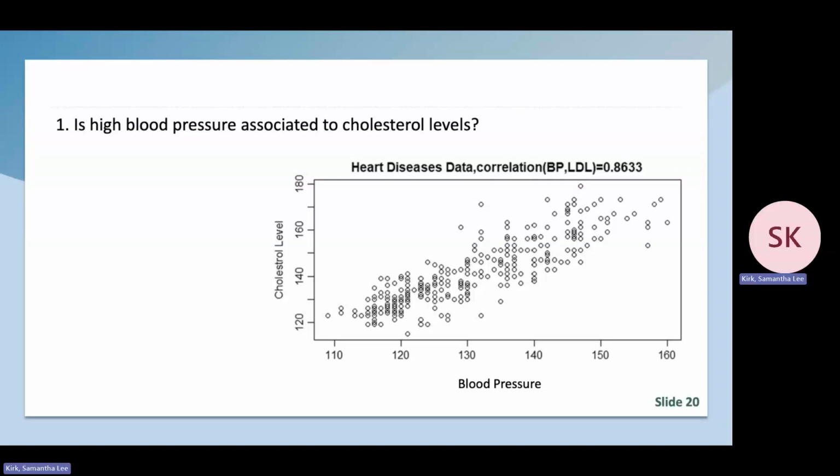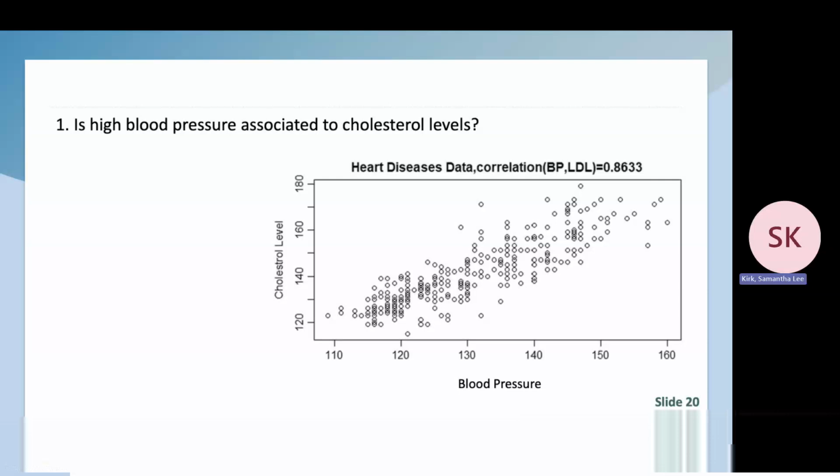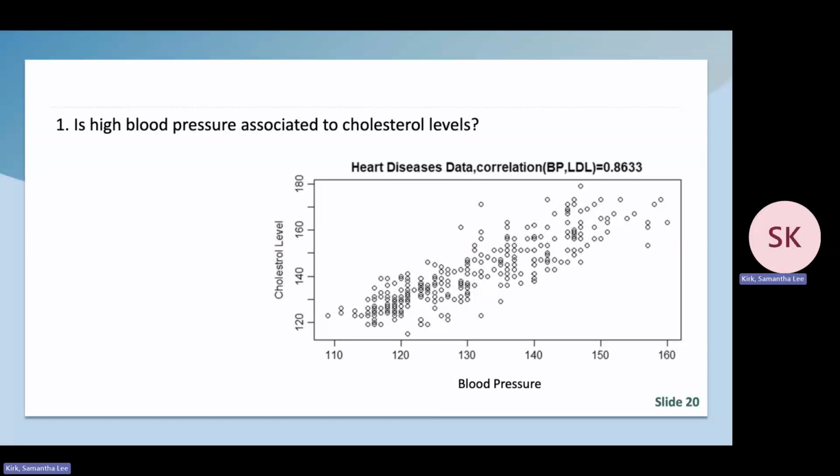This is an individual who has a blood pressure of about 100 or so. It's a little bit less than 110. And they also have a cholesterol level, which is the y-axis, of above 120. And then let's look at the furthest dot to the right. Way over here, this person has a blood pressure level of 160.